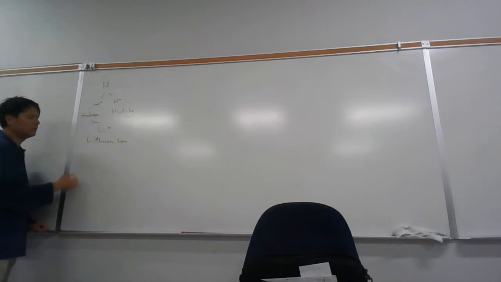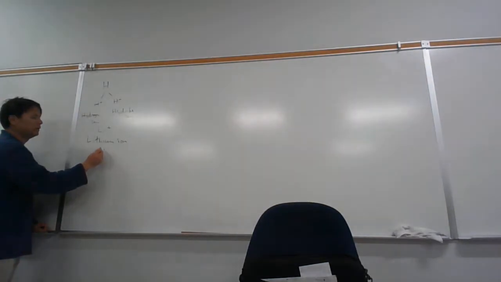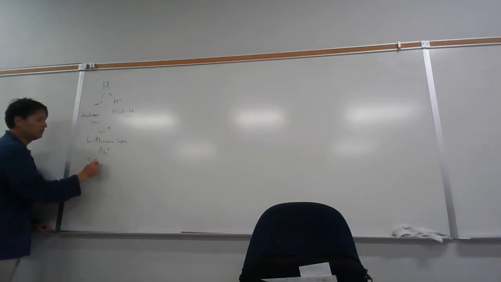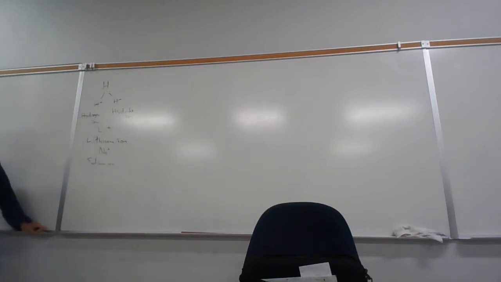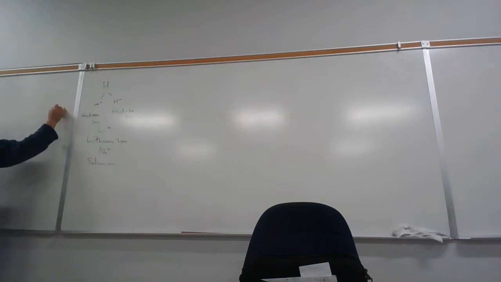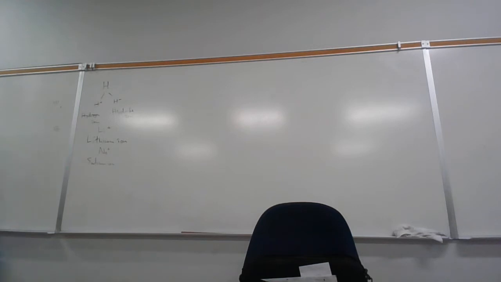What's below lithium? Sodium. And it would also form +1. This would be the sodium ion. Hydrogen is pretty tiny, so if we're looking at H+, lithium is a lot bigger. What about sodium? Would it be bigger or smaller?